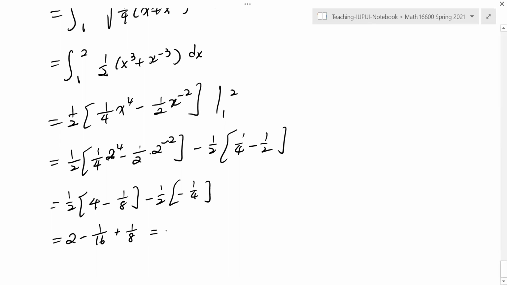Okay, 1 over 8 is going to be 2 over 16 here. So the answer is 2 and 1 over 16. Okay. So this is a number, yeah, it's a pretty reasonable number if you look at the picture. This is the length, and we find it's a fraction, so it's a very nice number.